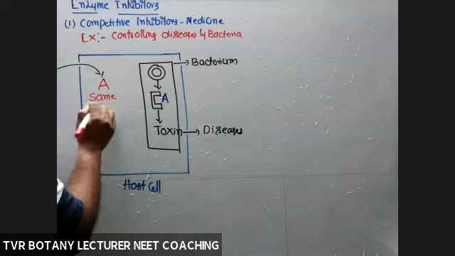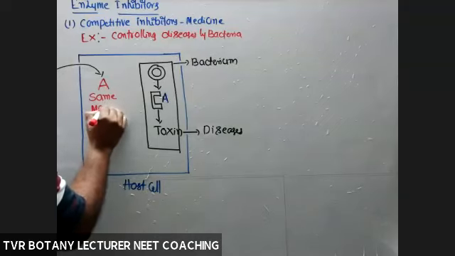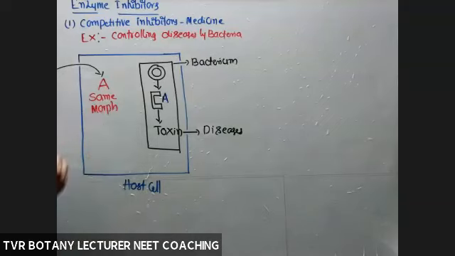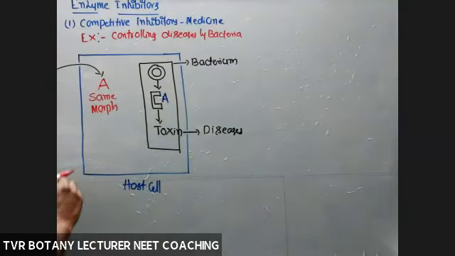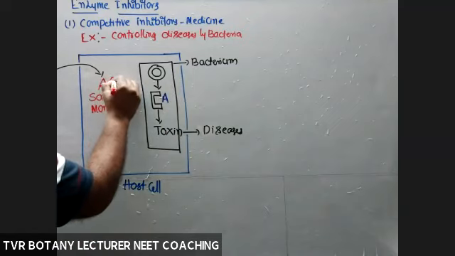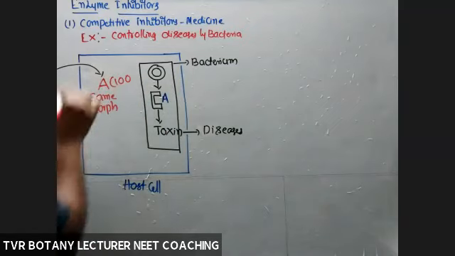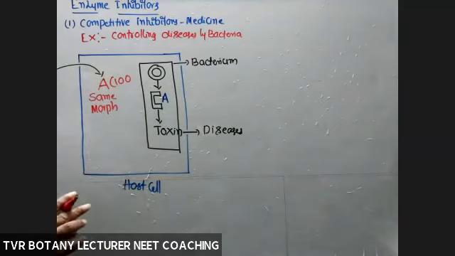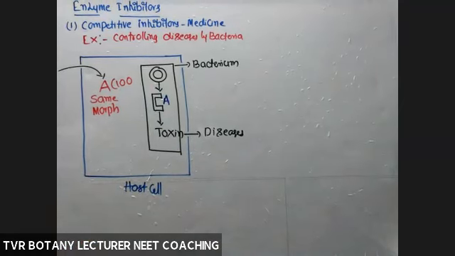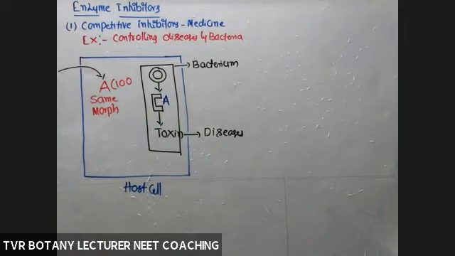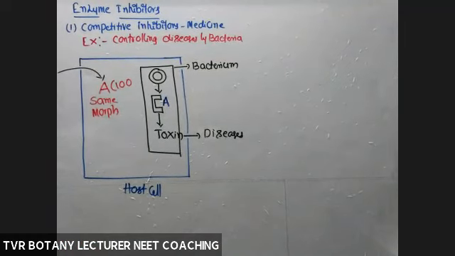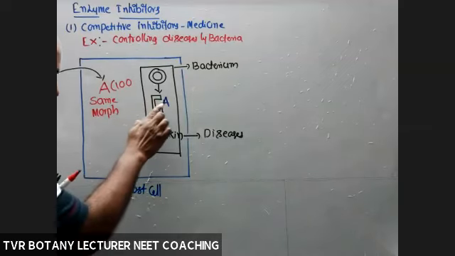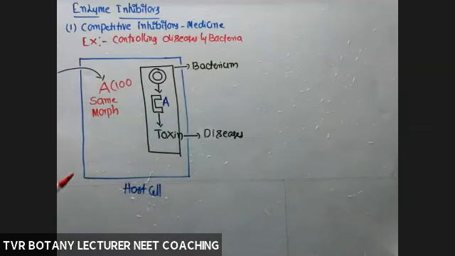Here, the concentration of this one is only one molecule, but how many are injected? For example, 100 molecules of that chemical are injected into the bacterial cell. So now the red colored A is a competitive inhibitor of the blue colored A.